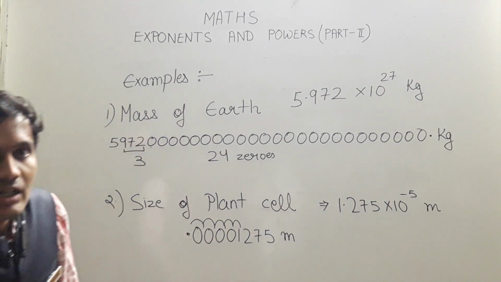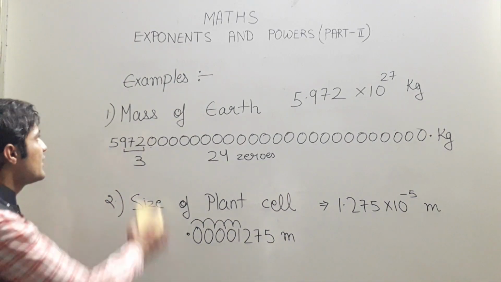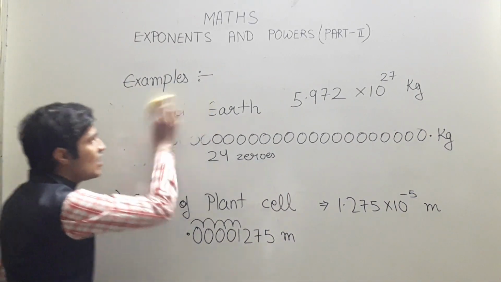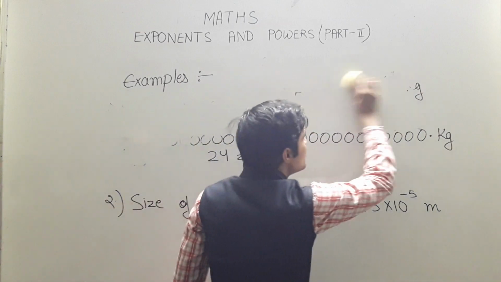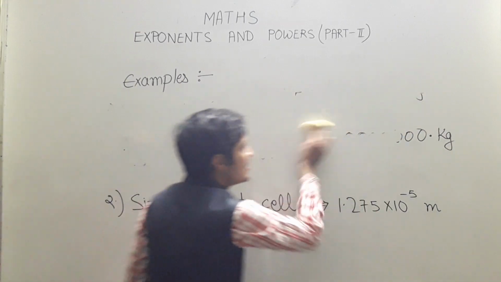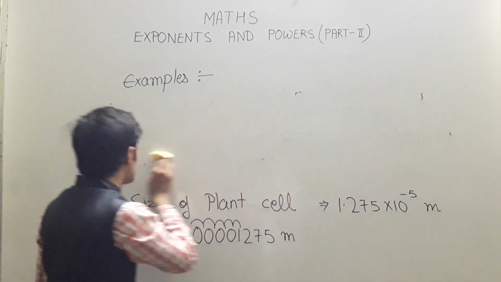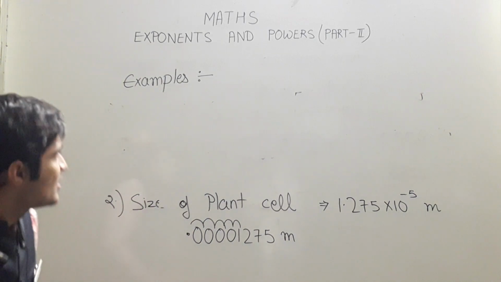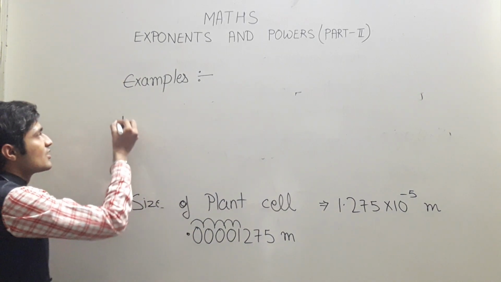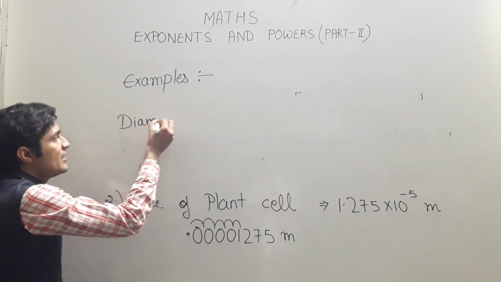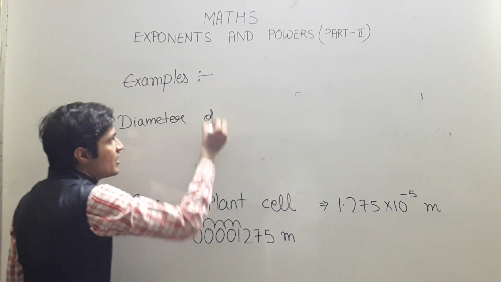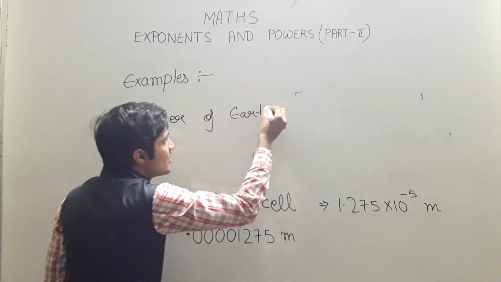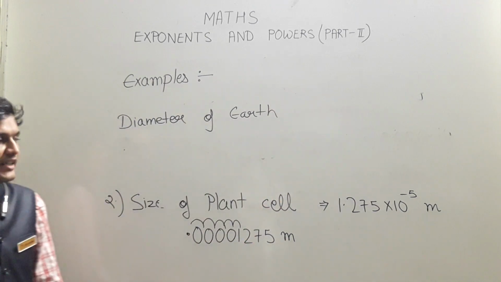Now one more example. How can we compare two values easily using the standard form? So I am comparing here the diameter of earth with the diameter of plant cell.